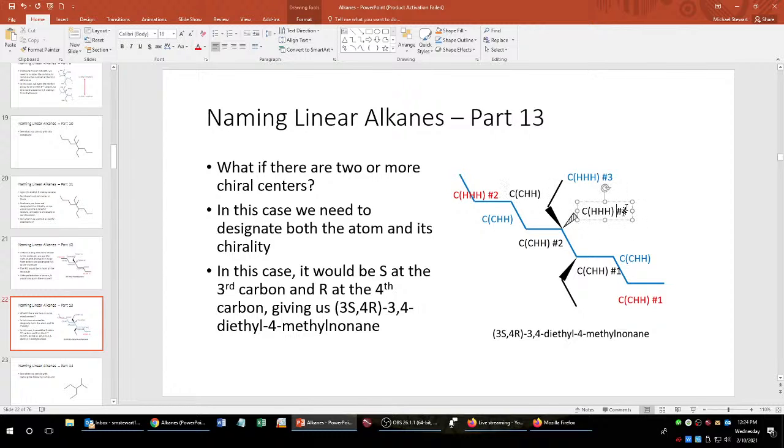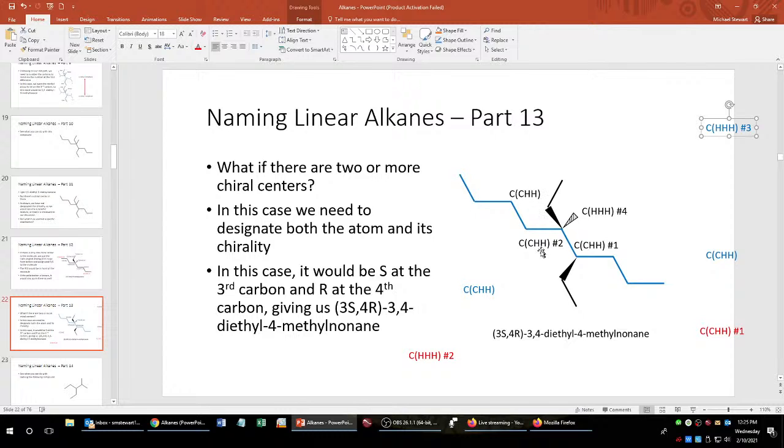So the methyl group is still, if we only consider the carbons immediately around our chiral center, I'm going to pull the other ones further out to make it a little bit easier to see. So this has a C, HH. This is a CHH. CHHH for the methyl group, and then for the carbon down here, it's actually CCH. So this one clearly has the highest priority. It's number 1. These two are still jockeying for second place. And this methyl group here is the lowest priority because it only contains hydrogens.